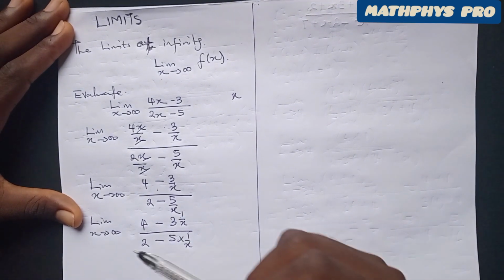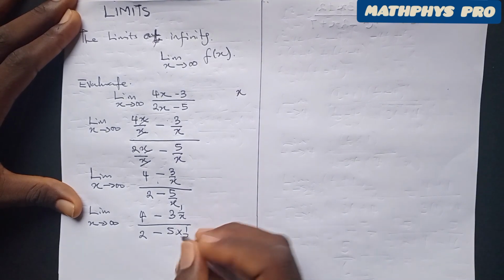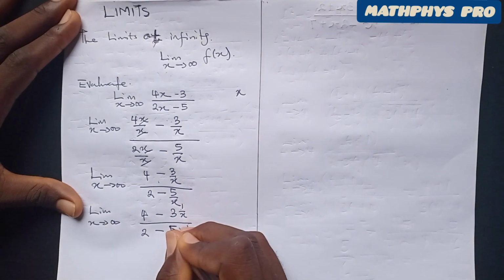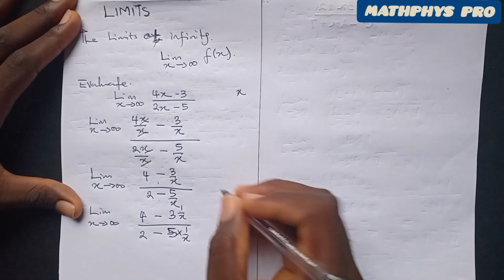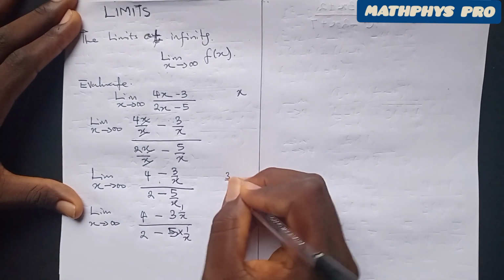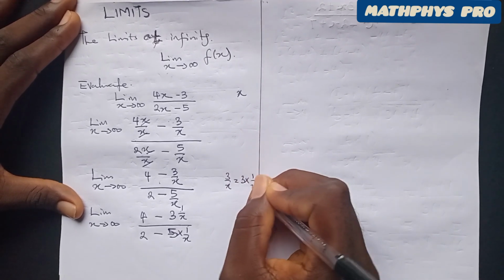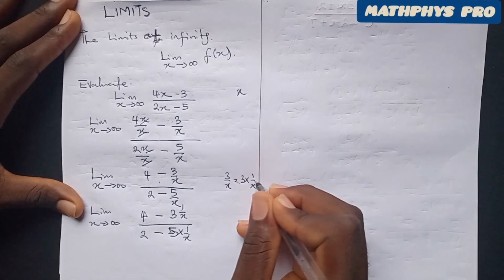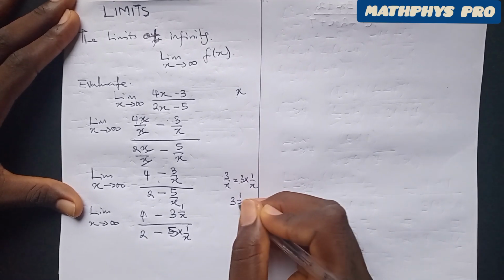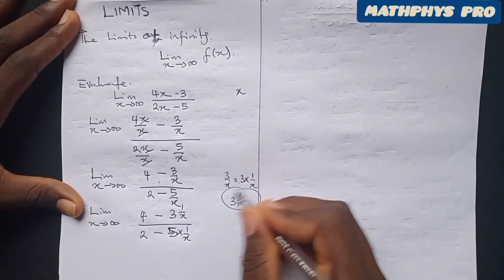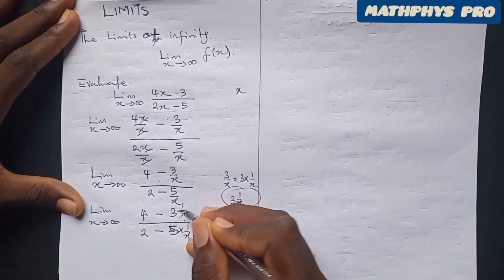For those of you that don't understand how I got this: if we have, for example, 3 over x, this can also be written as 3 times 1 over x. So that's how I got this, 3 times 1 over x.